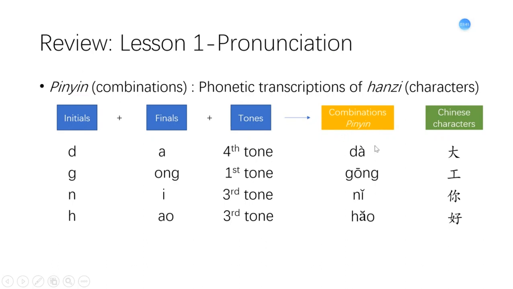It's a Pinyin syllable. And usually a Pinyin syllable has its own Chinese character. So here we got an example, initial d, final a, and under the fourth tone, so it makes da, and here is the character. Okay, so this is the Pinyin.